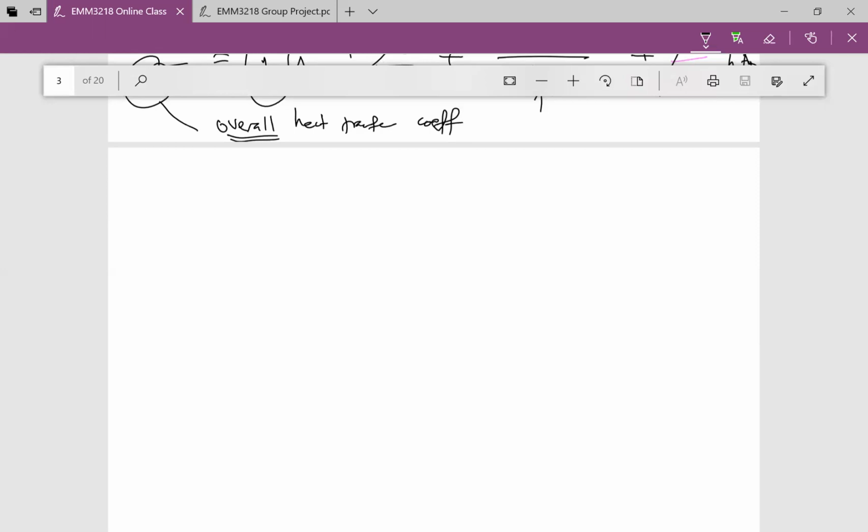Okay, let's continue. You see the question, right? Okay, let's look at the question. The condenser of a steam power plant contains, so this is a bit different because you have a number of tubes, 1,000 tubes.